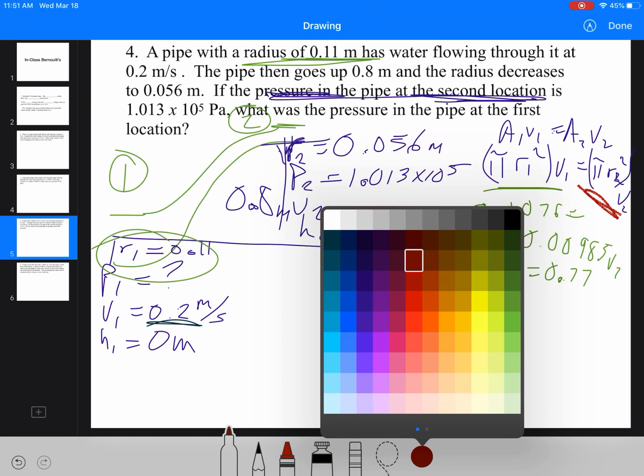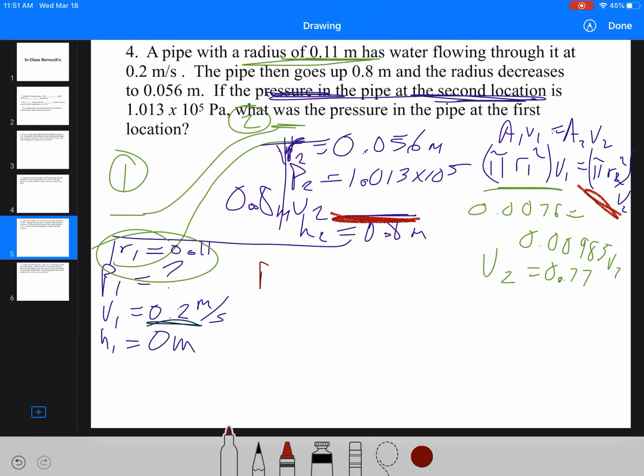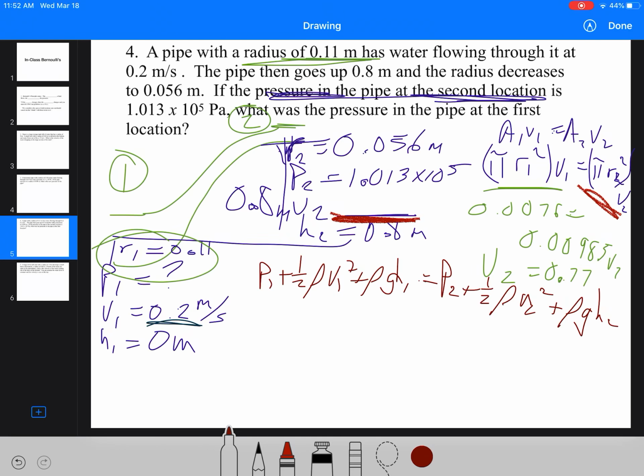Then when we go through and set up Bernoulli's, it is P1 plus 1/2 rho V1 squared plus rho g h1, which is equal to P2 plus 1/2 rho V2 squared plus rho g h2. Okay, so that's Bernoulli's.